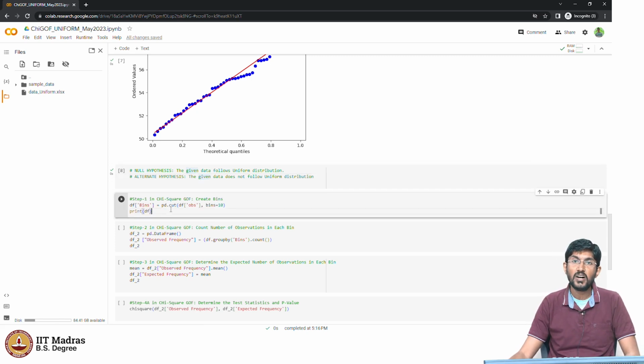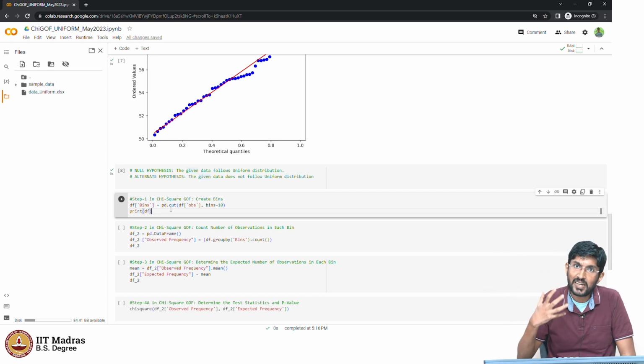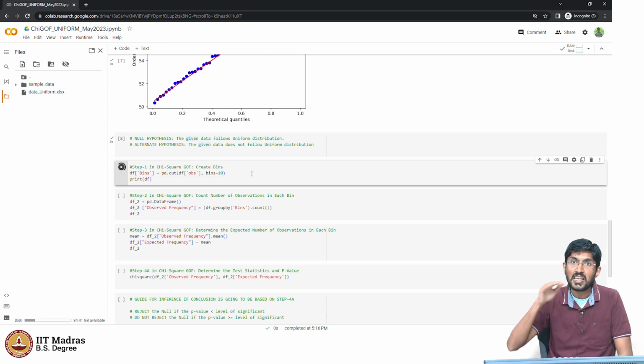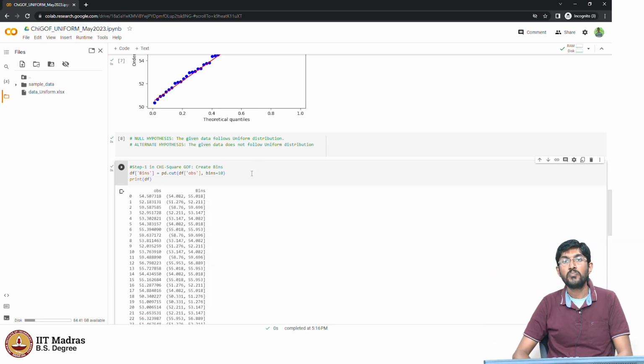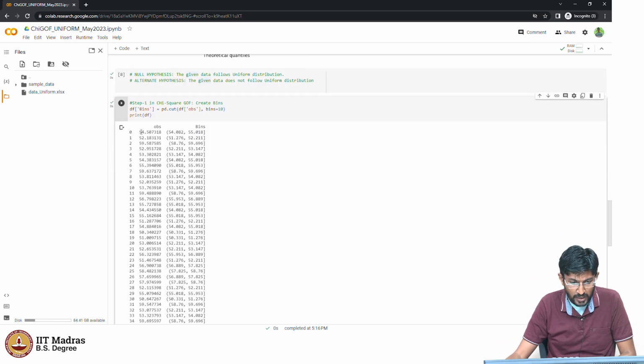And the first step in performing the chi-squared goodness of fit test is to create the frequency table, and the first step in that is to identify the bins. So I am going to cut this entire distribution into bins of equal length. Based on the minimum and maximum value, I am using this command called pd.cut, which is going to cut this entire data frame into bins and assign each of these observations to a particular bin.